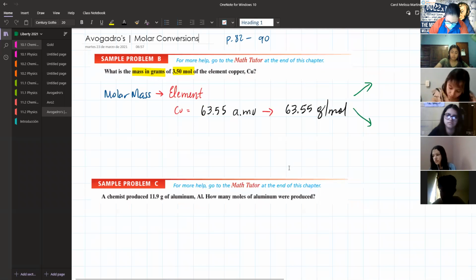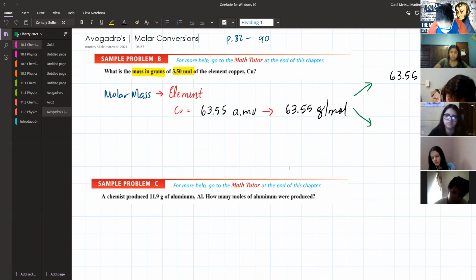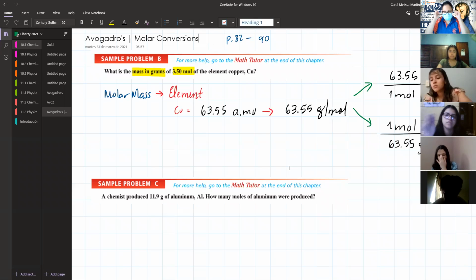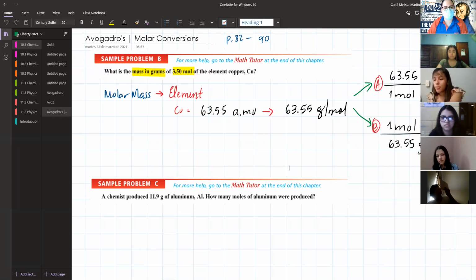You can write this as 63.55 grams over 1 mole of copper, or you can say that in 1 mole of copper you have 63.55 grams of copper. So those are the two possible ways to arrange the molar mass, like A or like B.